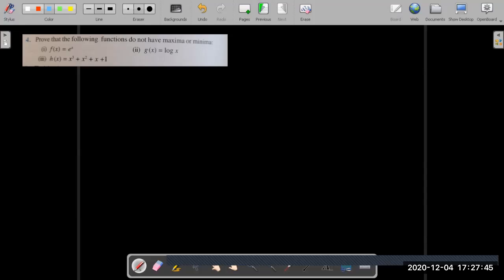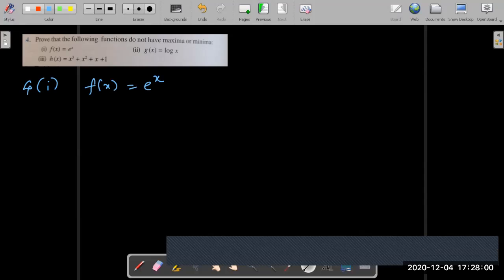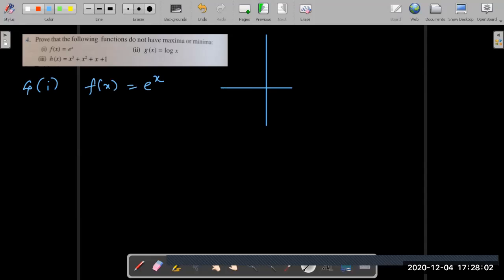All are very, very similar. The first one is f of x equal to e power x. I sometimes draw a graph just to get something meaningful.